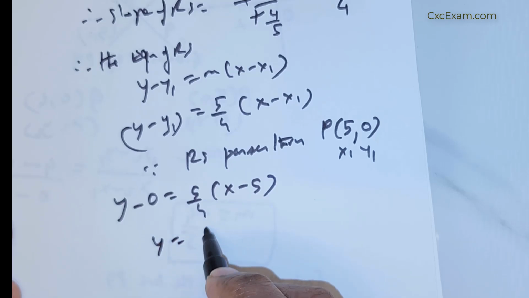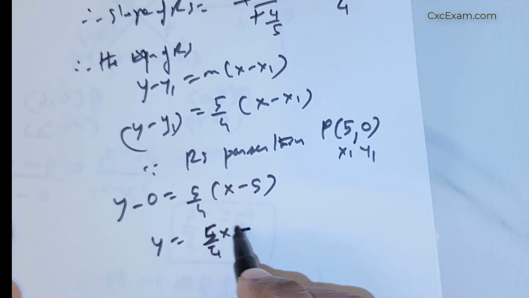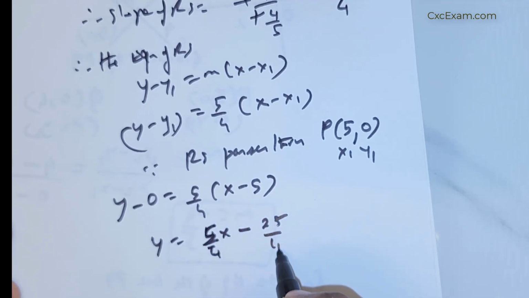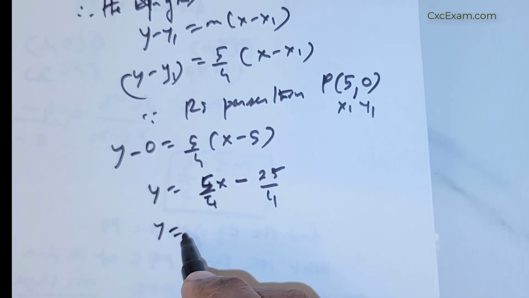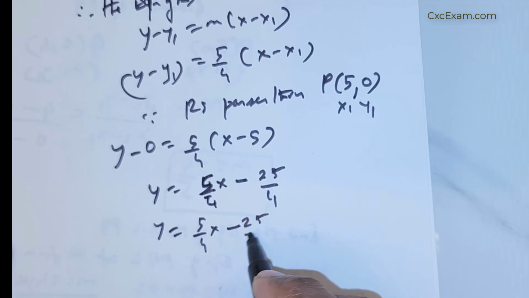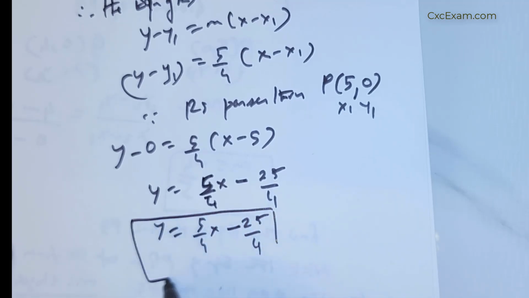So I get y is equal to 5 over 4 times x minus 25 over 4. Okay, so let me rewrite that one more time. y is equal to 5 over 4 times x minus 25 over 4.